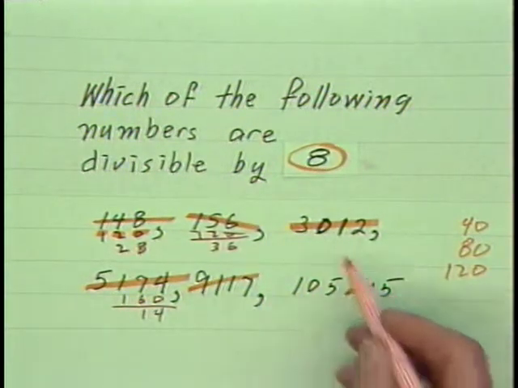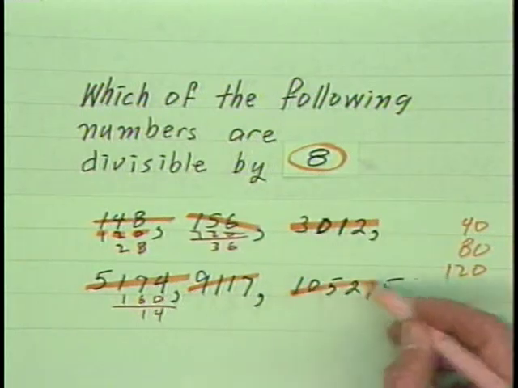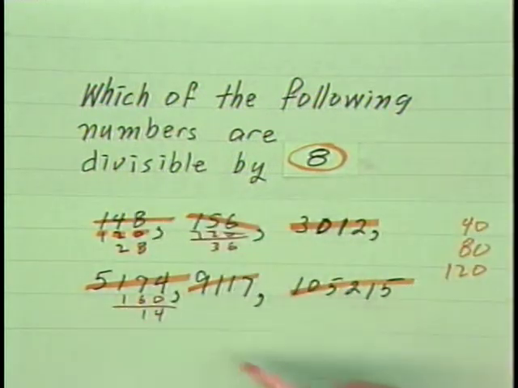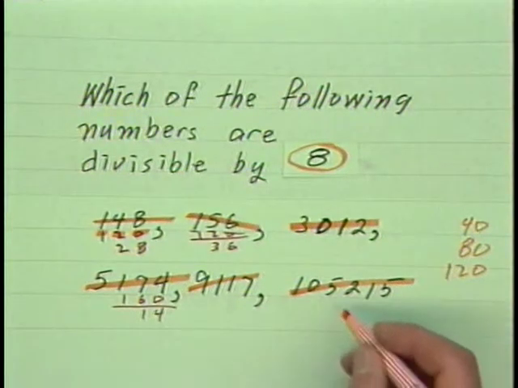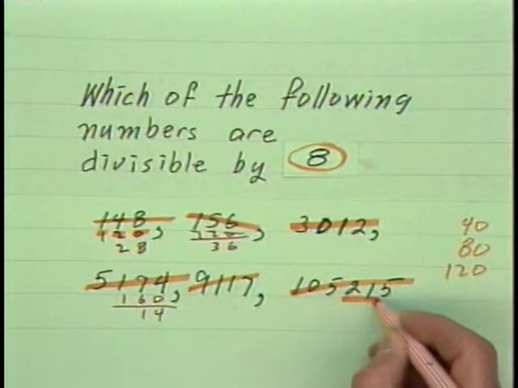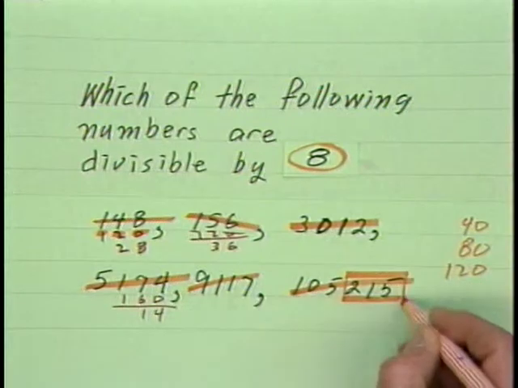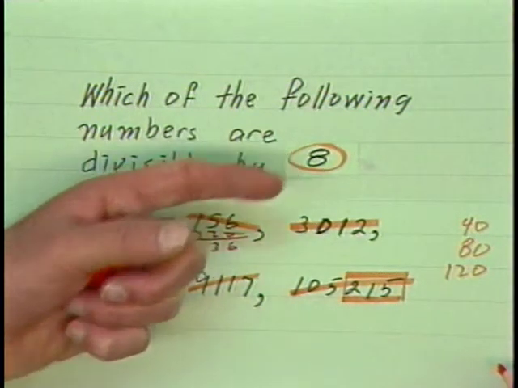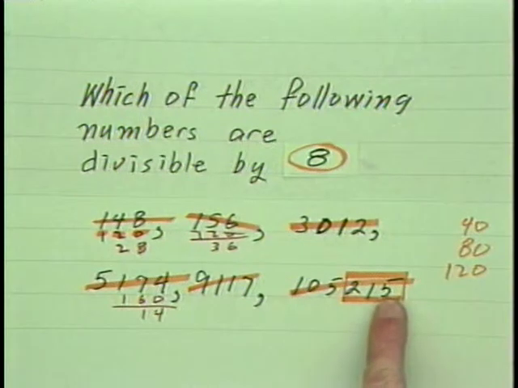Same thing here, not even, 8 cannot go into it. So 8 will not divide into any of these. So the test for 8 is, will the number made up of the last 3 digits divide by 8? And specifically, if it's not even, you throw it out to begin with.